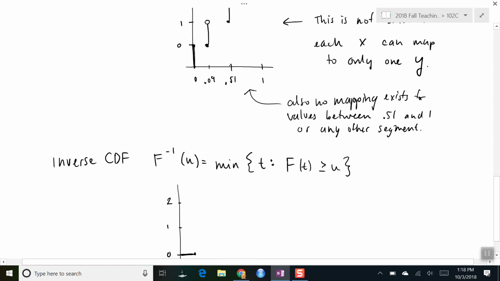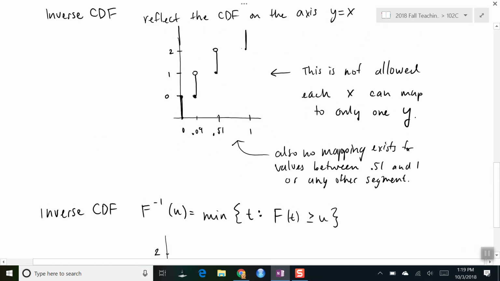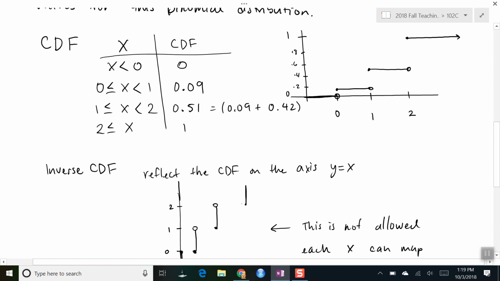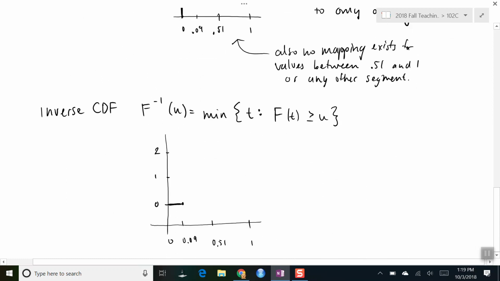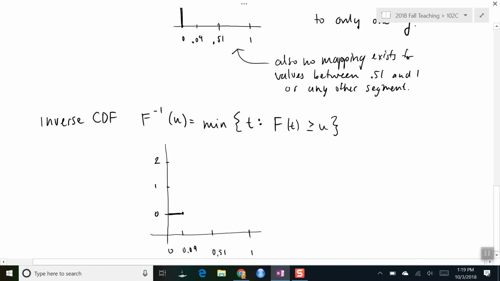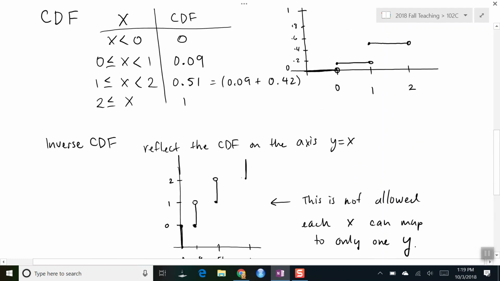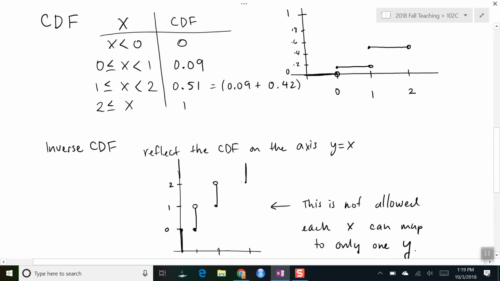So if I've got 0 and 2 and so on, values between 0 and 0.09 will get mapped to 0, because it's the minimum value of t, in this case 0, such that when I plug it into that it will be greater than our u.